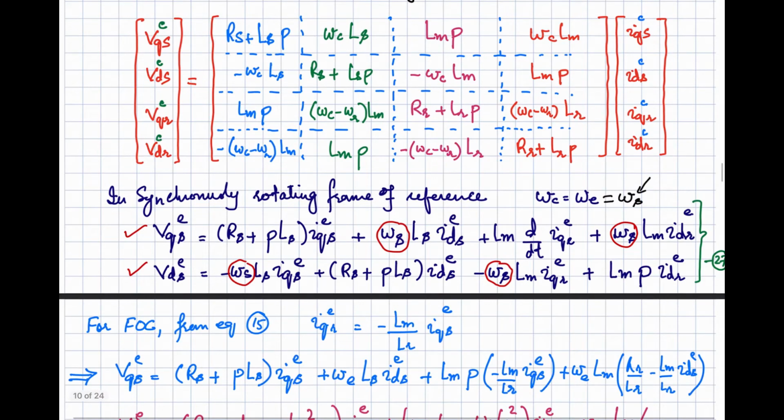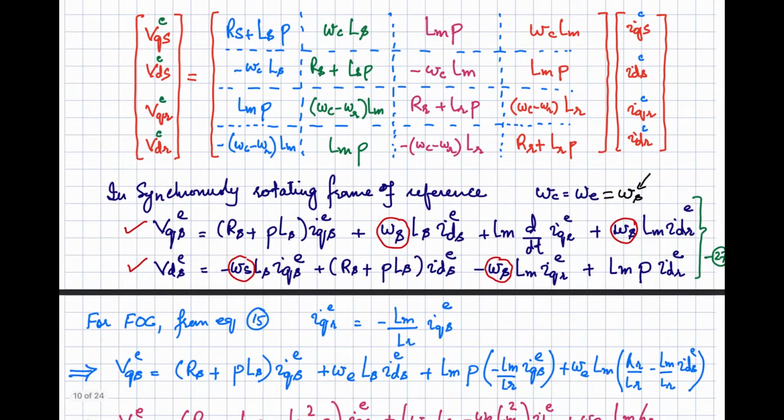Now for the field oriented control, as we discussed in the last lecture, the rotor current is linked with the stator current through the coupling coefficient. So the coupling coefficient of the rotor, that is Kr, is given as Lm over Lr. That gives you the information about how much of the rotor flux is linked with the stator.